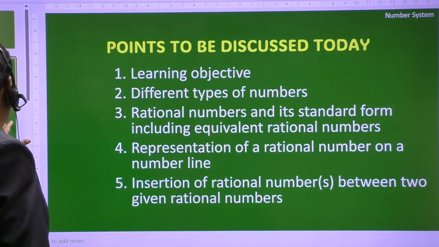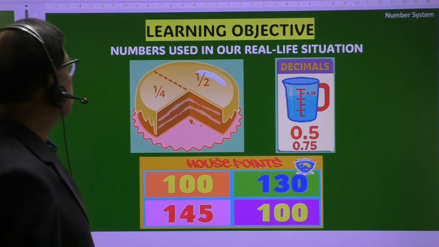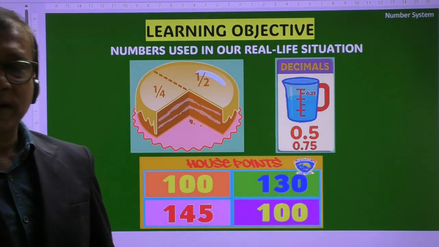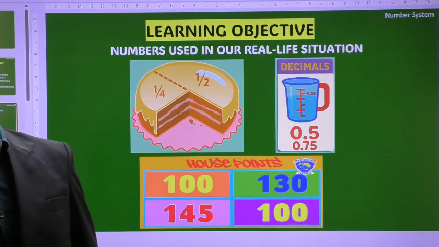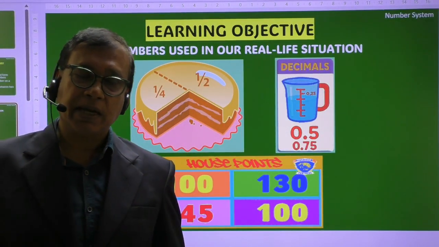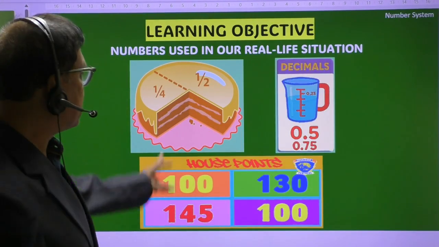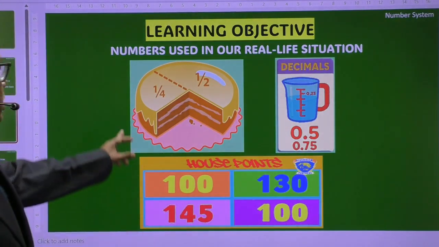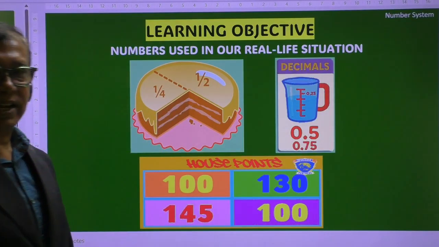Now first point is learning objective. Students, we use various types of numbers in our real life situation. Yes or no? Please see here. Here is a picture of a birthday cake.